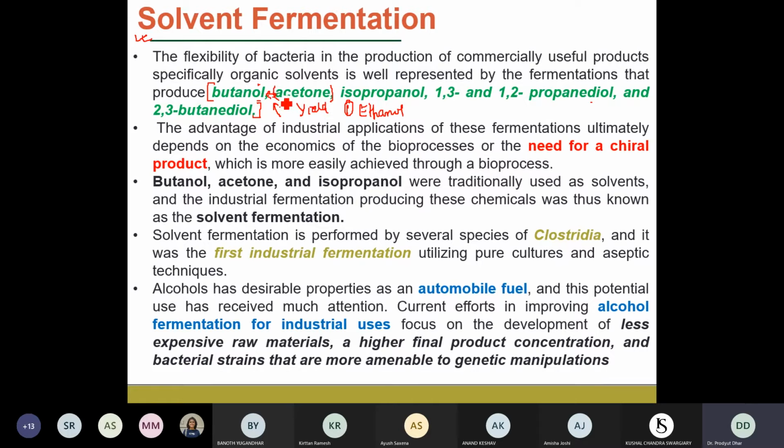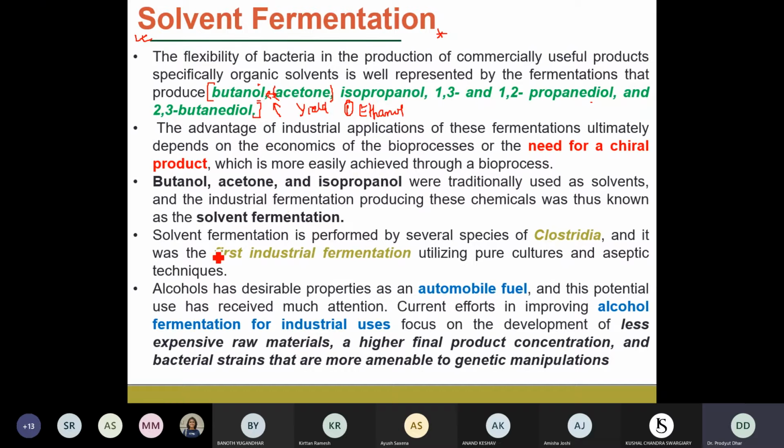If you have worked in research wet labs, acetone and isopropanol are very widely used. That is why all these organic solvents are classified under the term solvent production.